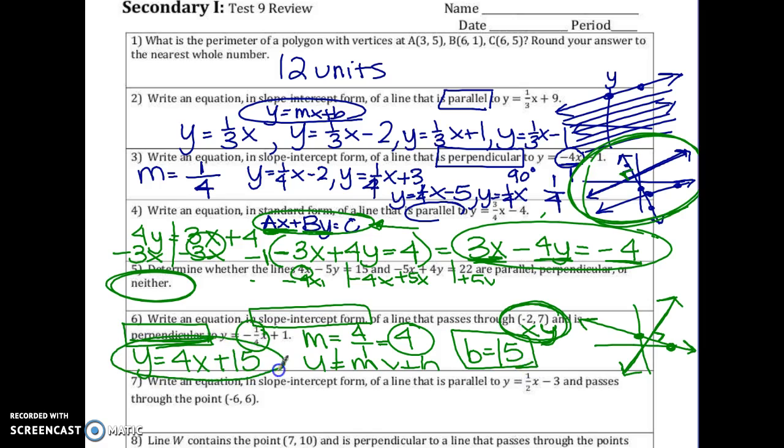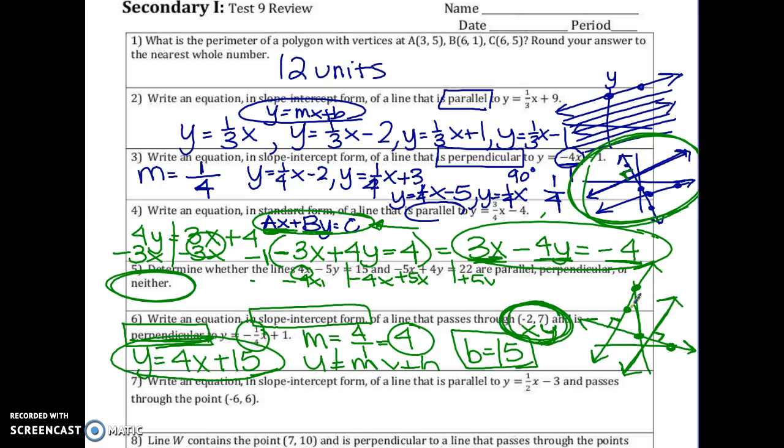So if I were to graph that, my line is somewhere going through up here with that up 4/1, and that line is perpendicular, and it goes through the point negative 2, 7, wherever that might be on that graph. So it's just a sketch of it.